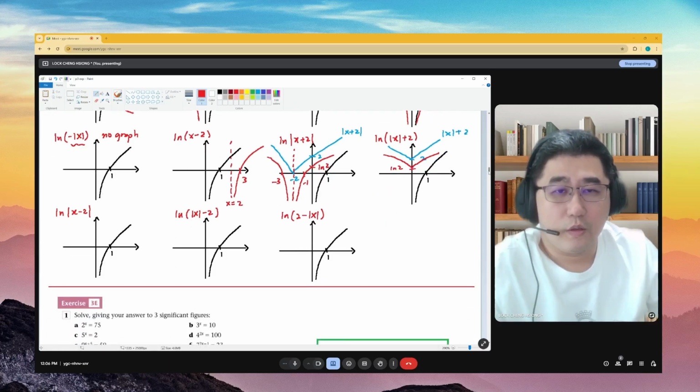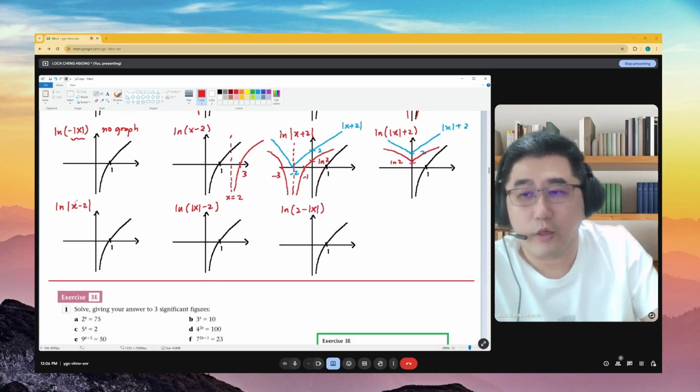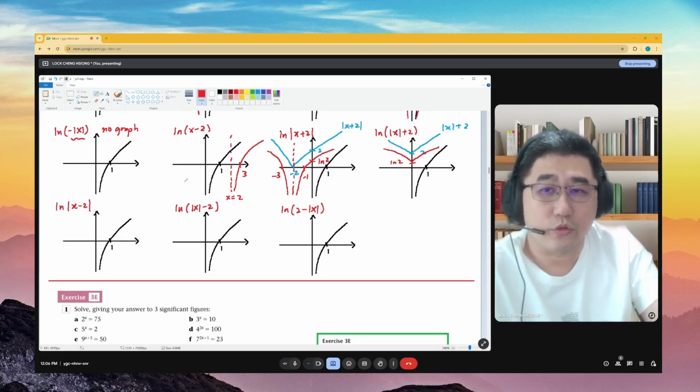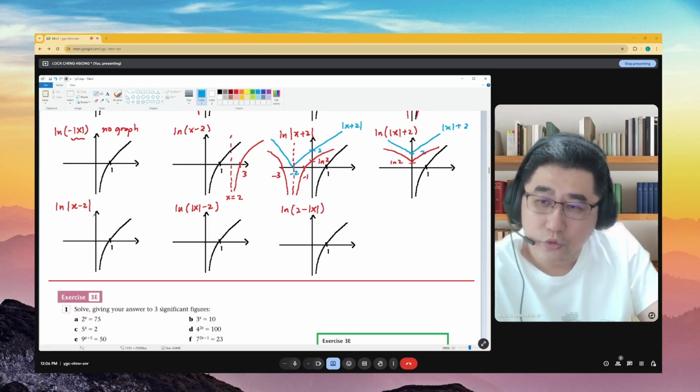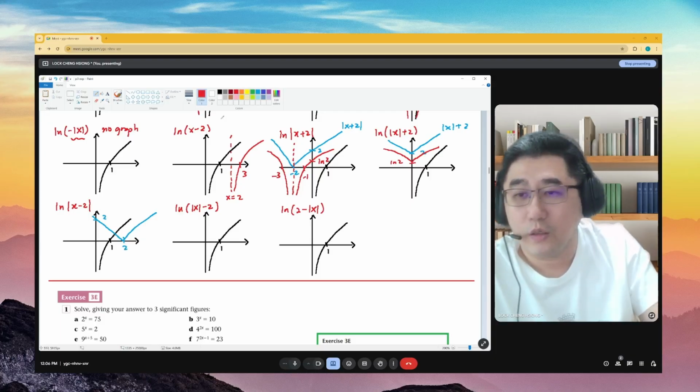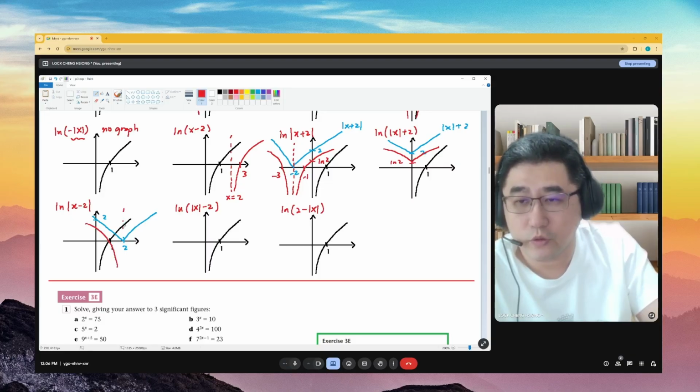And if you have a Ln of x minus 2, I try to draw this graph first. So for x minus 2, I have a 2 here. Then my shape will go like this with the asymptote. So this is a 3, this is a 1.